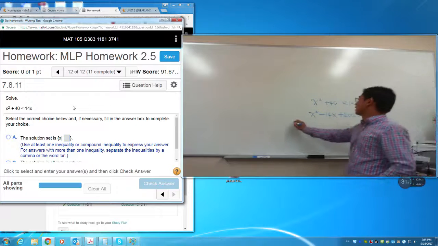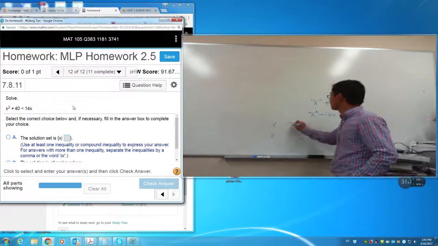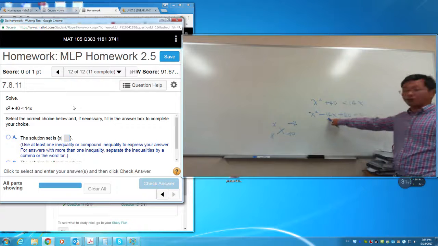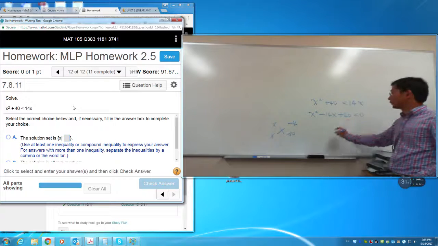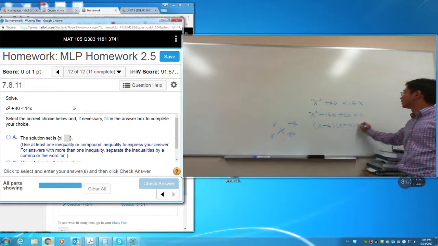Factor this: minus 4, minus 10 gives you negative 14. 4 and 10 give you 40. So the answer is x minus 4 times x minus 10 less than 0.